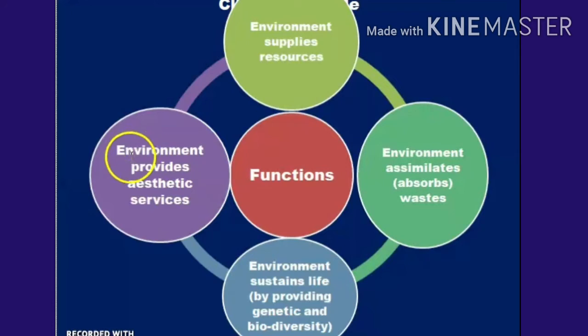Aesthetic means beauty. Just by seeing the beauty of our environment, we can live. We have such a great environment with mountains, rivers, birds, animals, flowers, etc. So these are the four functions of environment that we know.